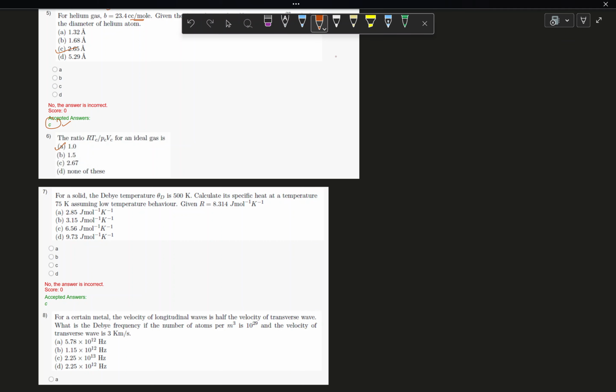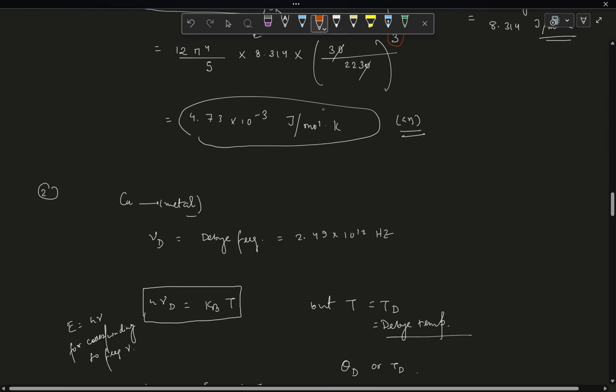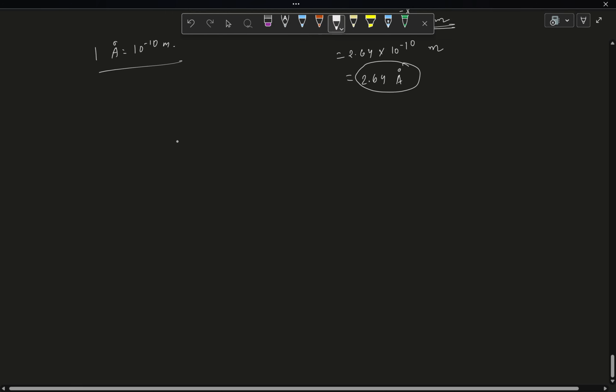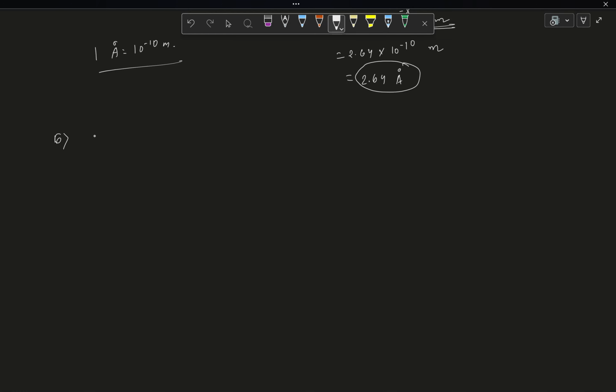Now, for ideal gas you know that the ideal gas equation is just PV equal to RT for n equal to 1 mole of gas, where R is the universal gas constant. From here you see that RT by PV is just 1, right?